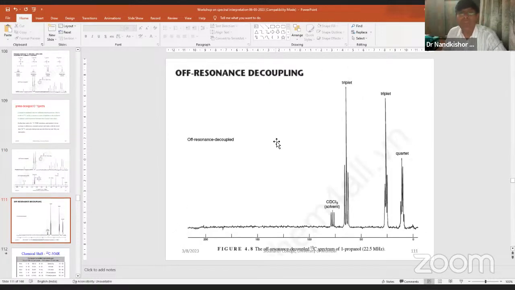Now there is a modification of the proton coupled spectra called off resonance decoupling, because there are some instrumental arrangements where the coupling constant has been reduced and the peaks observed will exactly follow the N+1 rule with the same pattern of splitting.